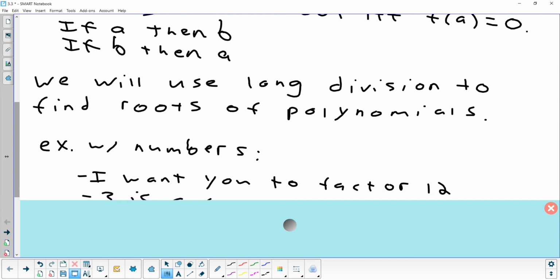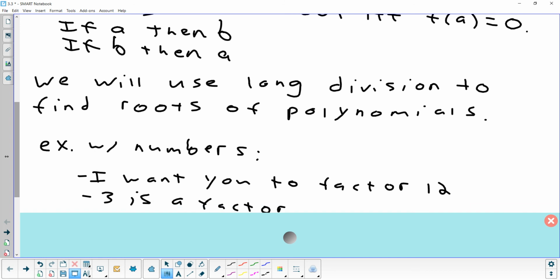So let's say I wanted you to factor something. We're not even going to factor a polynomial, just something simple, the number 12. And I tell you that 3 is a factor. How can you find the other factor of 12 knowing 3 is a factor? Divided by 3, right?